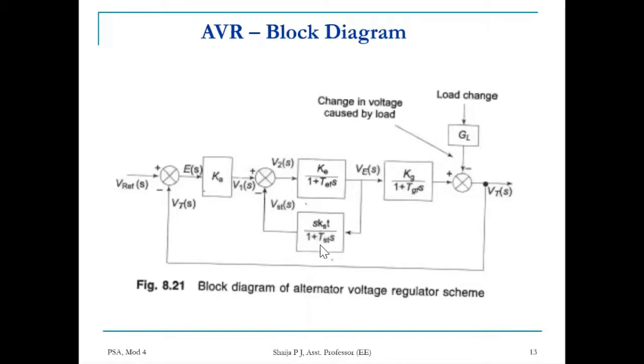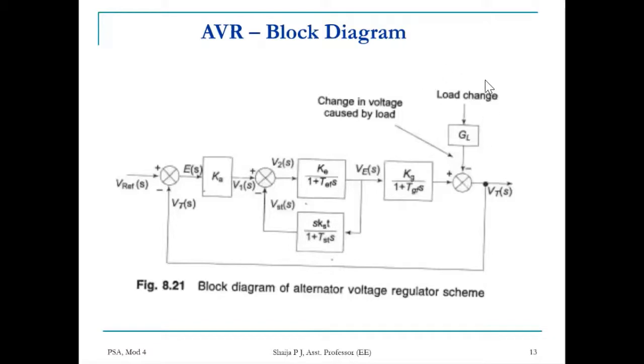V2 of S, which is V1 of S minus VST of S, is fed to the main exciter, whose block is Ke by 1 plus S TEF, and its output is VE of S, which is fed to the main generator, whose transfer function is Kg by 1 plus S TG.